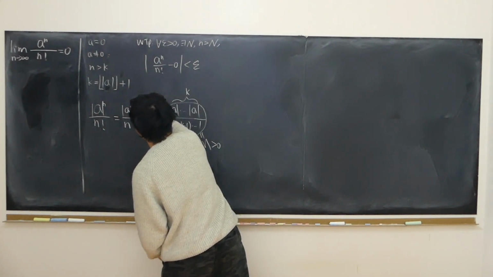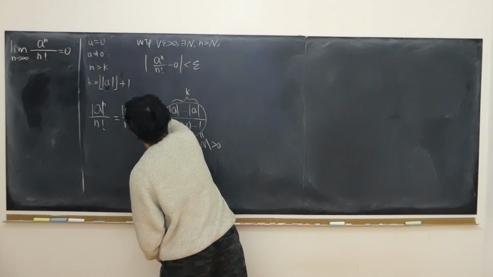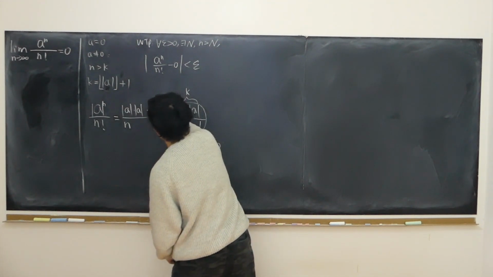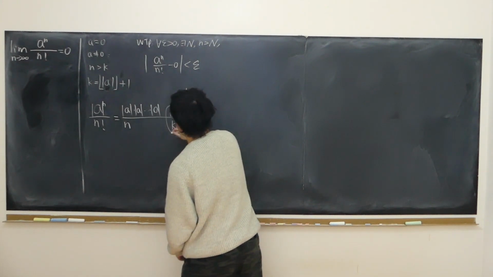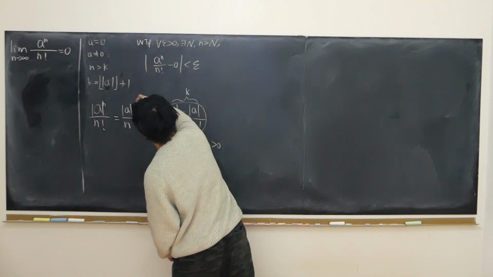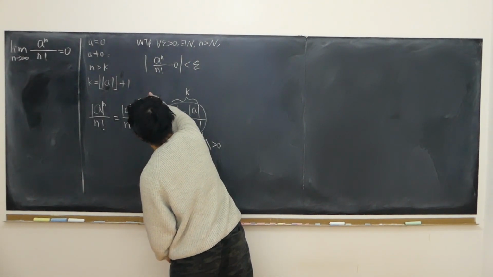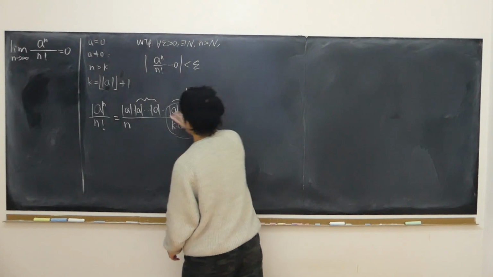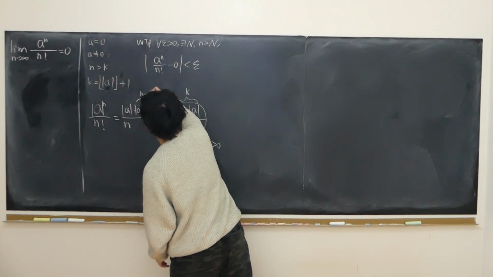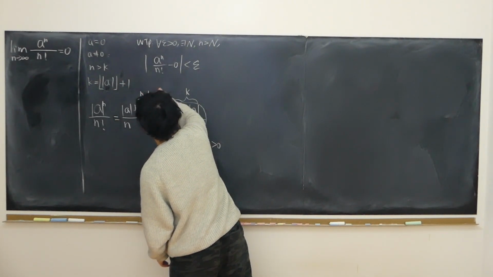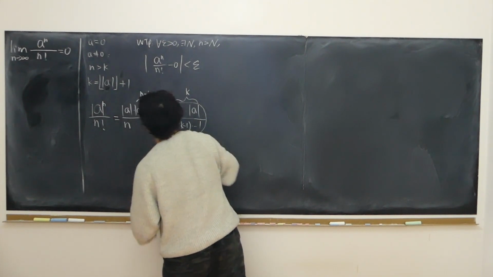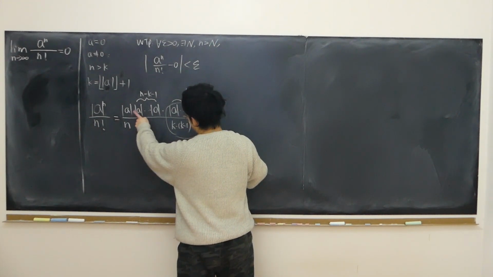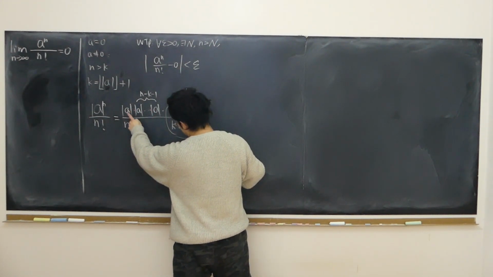Now I have the absolute value of a times all the way to the absolute value of a. This time I have exactly n minus k minus 1 of them, because I've already split one of the absolute values of a down in here.